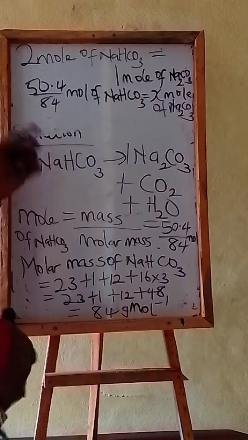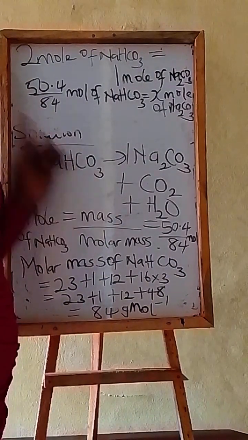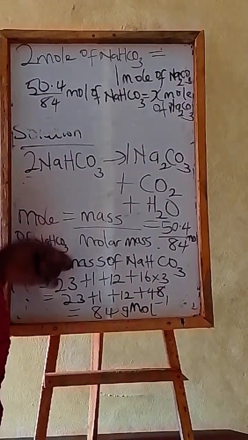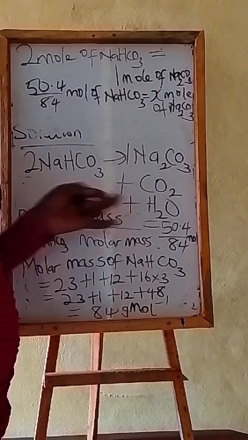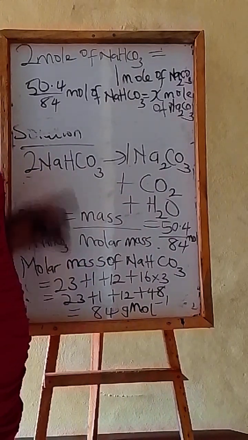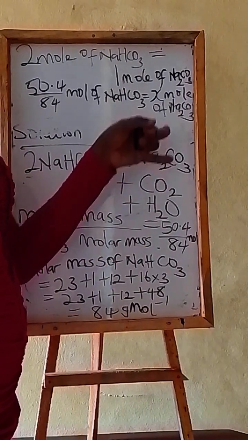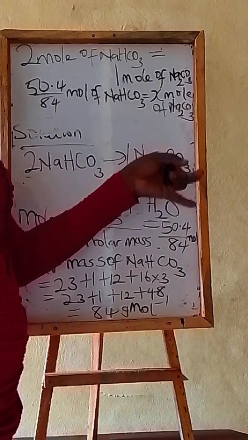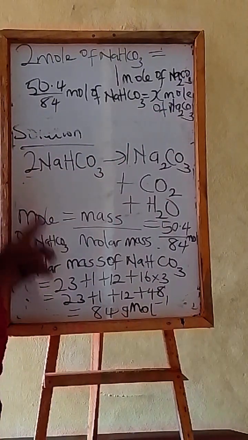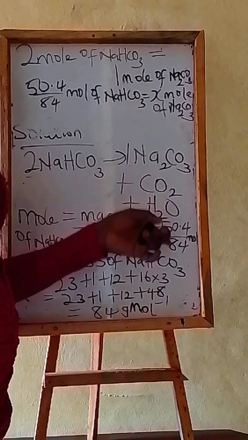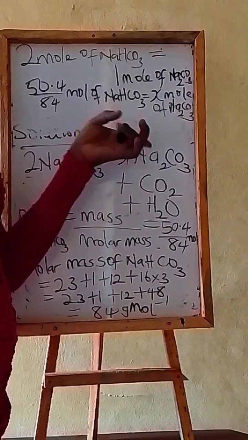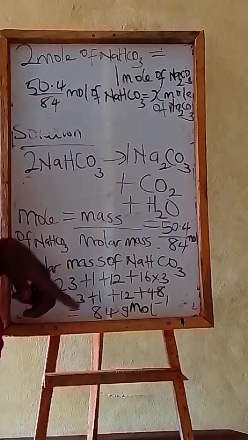Please take note: the first thing to do is calculate the mole of the one given. You now compare the mole of the one given to the one you are asked to find.